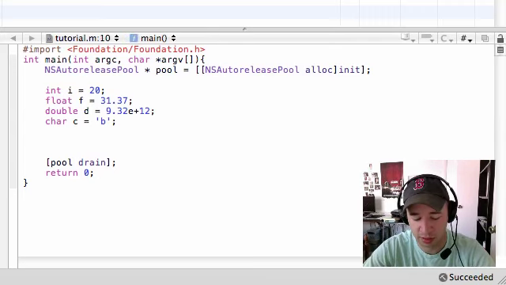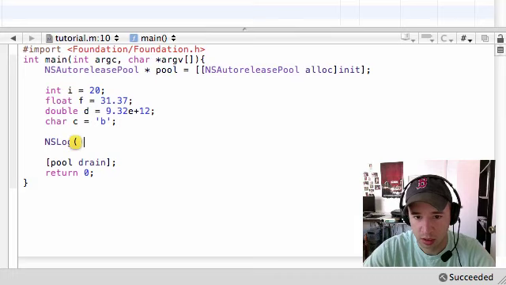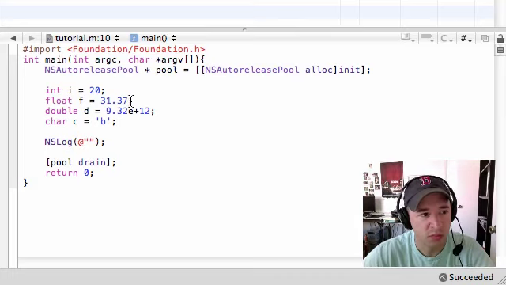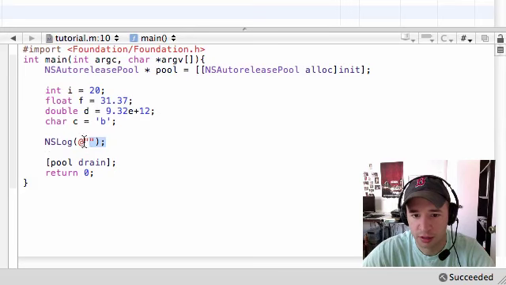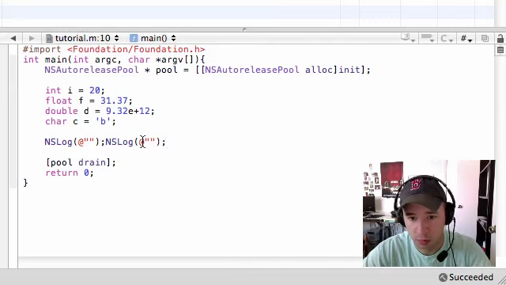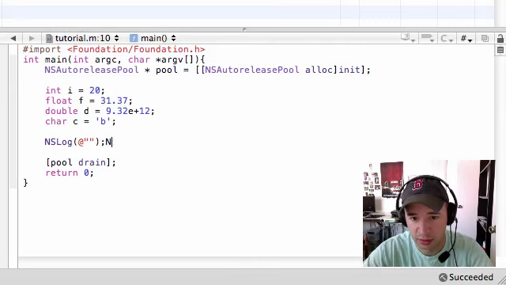So let's go ahead and print all this out. NSLog. Let me go ahead and make a template for this first. The add sign. And let's see, we got 4 right here. So here's a nice little shortcut. Copy. Oops, that's embarrassing.